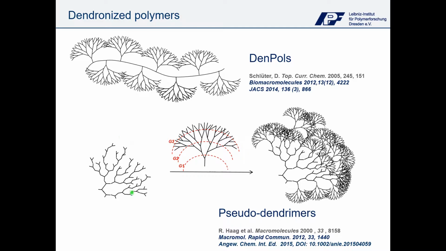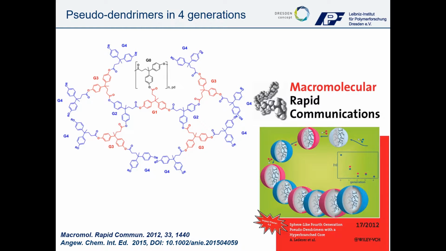An additional example is the combination of hyperbranched polymers with dendrons, which gives us pseudo-dendrimers in different generations, depending on the generation of the dendron.